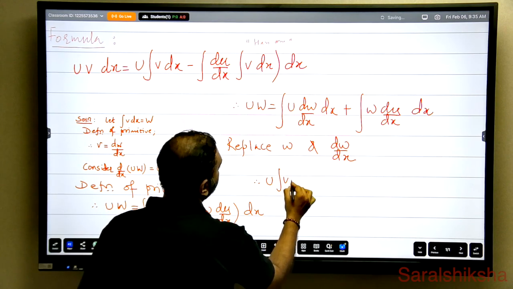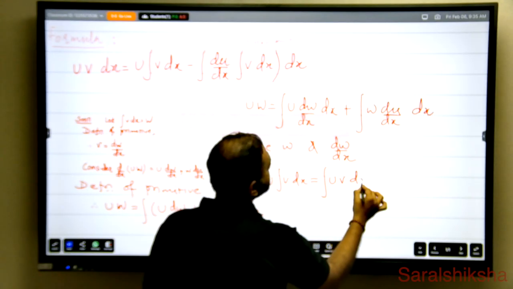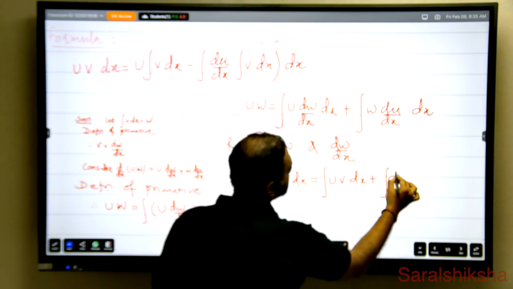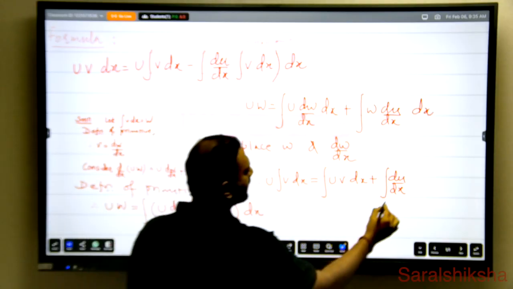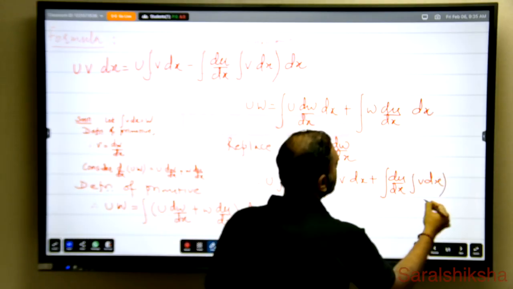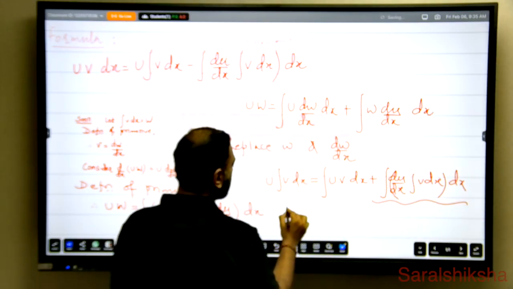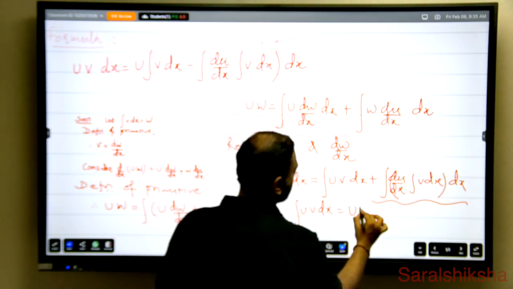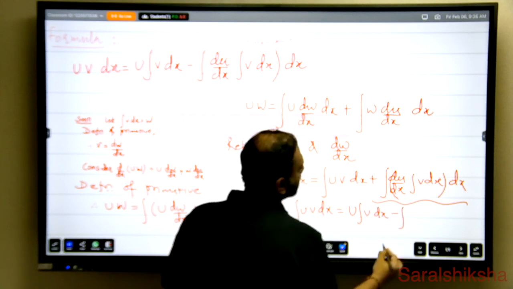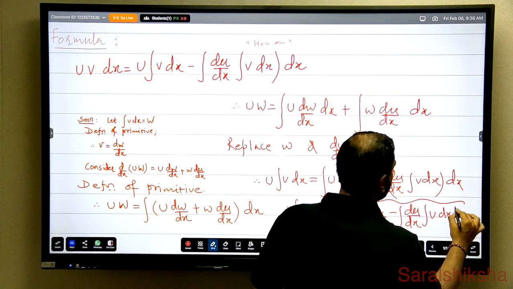So u times the integral of v dx is equal to the integral of u dw by dx, which was v, so the integral of uv dx, plus the integral of du by dx times w, where you replace w by the integral of v dx, the whole dx. Now shift the side of this term, keeping the integral of uv dx as it is, and what you get is u times the integral of v dx minus the integral of (du by dx times the integral of v dx), the whole dx.